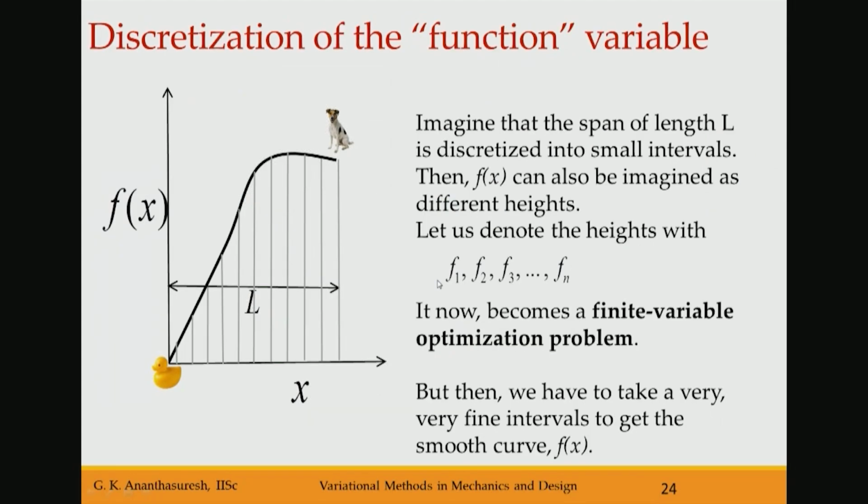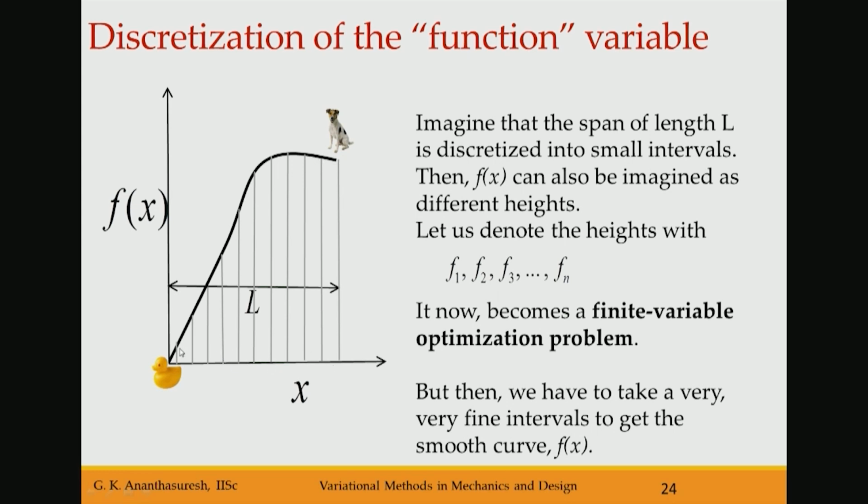One way is to convert that into a discretized problem, that is, we want to know where the dog should be for different values of x as it starts from here and goes to the duck, which is at the origin, let us say. I am discretizing along the x axis.